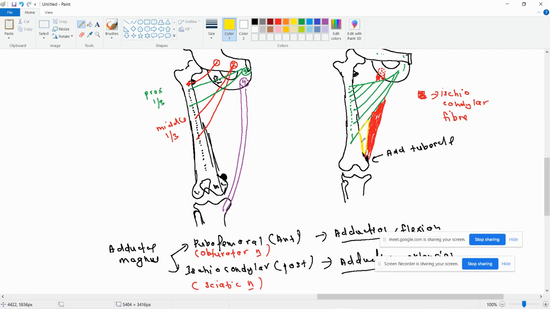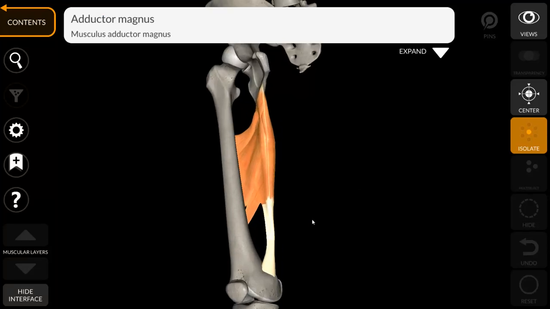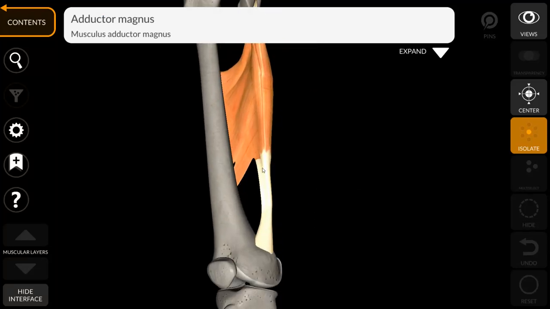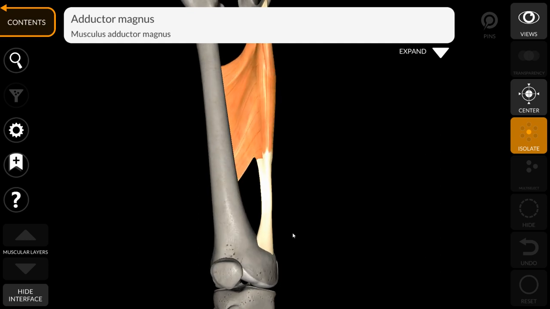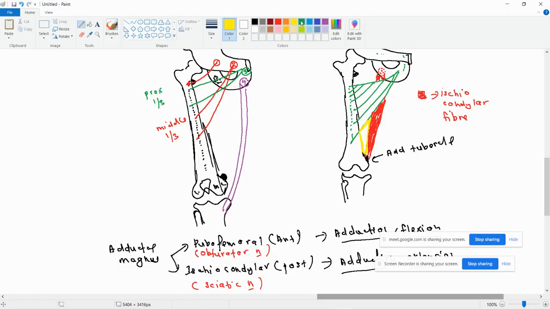Yes, here. This opening in between the pubofemoral part and the ischiocondylar part is known as the adductor hiatus.